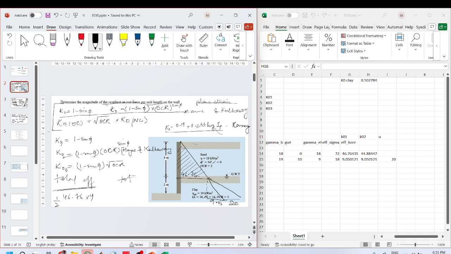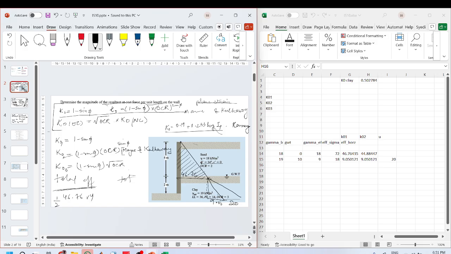Madam, can I have a small doubt? Is it a layered soil, sand and clay? When you have a layered soil, at the junction you should have two different Ka, therefore two different answers. We have two different phi values: upper layer phi is 34, lower layer phi is 0.